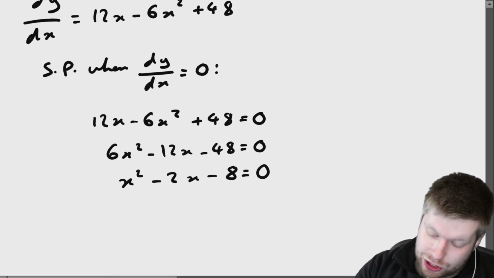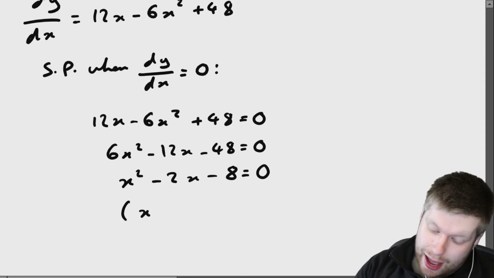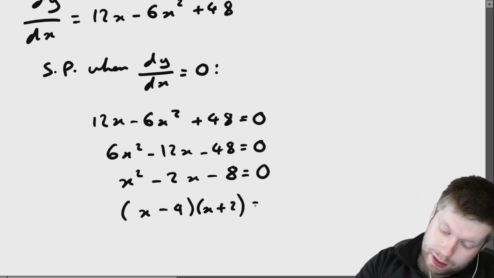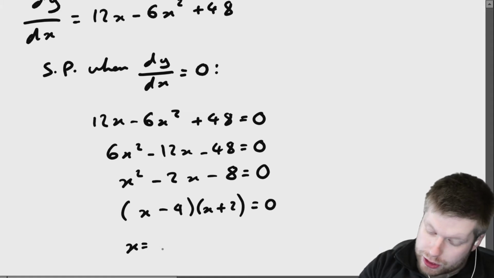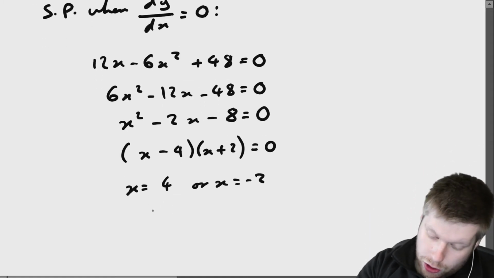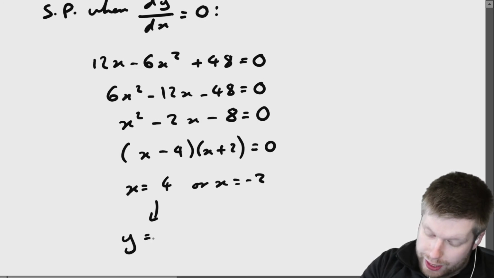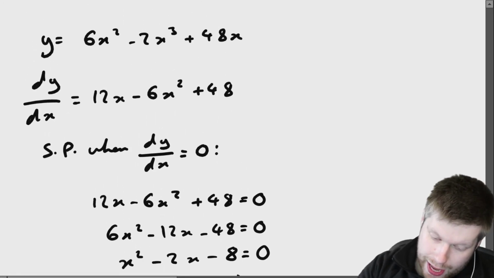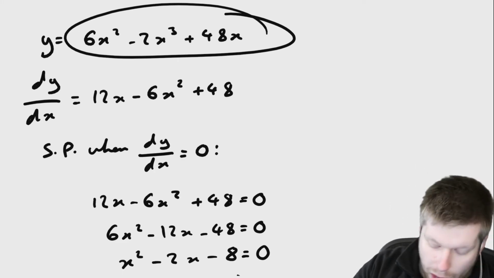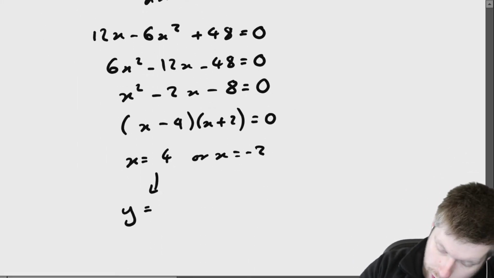Now I just need to factorize this. So x minus 4, x plus 2 would work there. That means I have two x values, so two stationary points: x equals 4 or x equals -2. To find the corresponding y value, when x equals 4, I stick it into the equation and get 160 as my y coordinate.